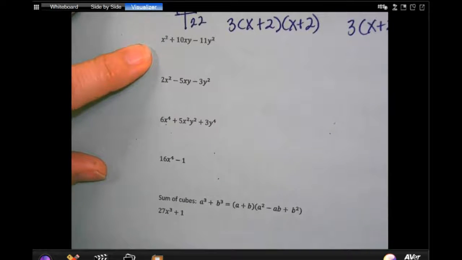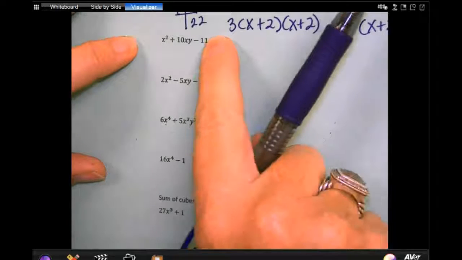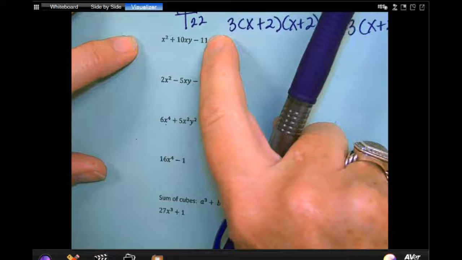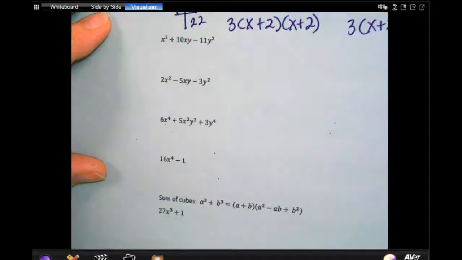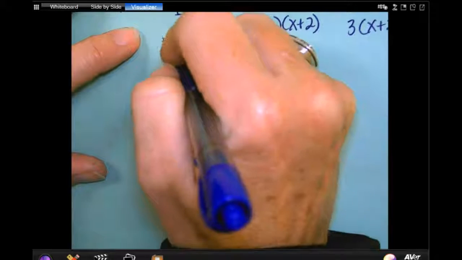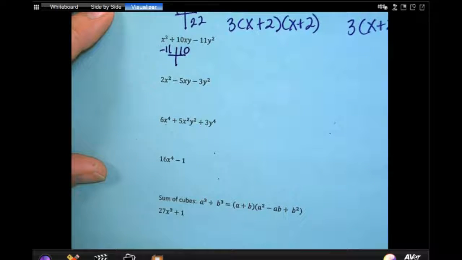Okay. So what gave you a problem here? There's 2 different variables, right? So if I just ignore the y to start with, just ignore it like it wasn't there, what's my a times c? I get negative 11 and 10, correct?